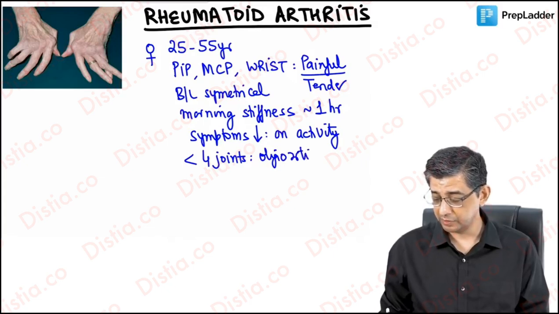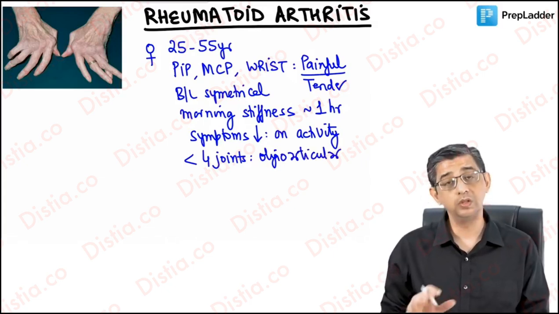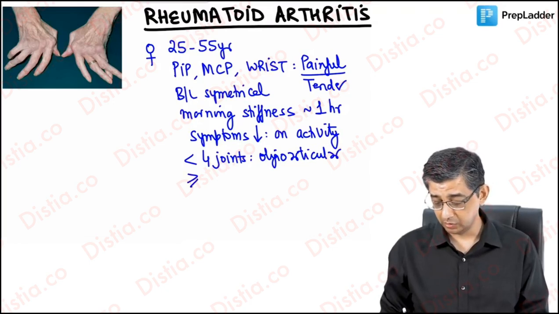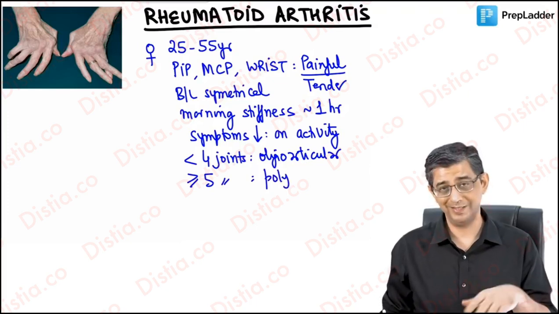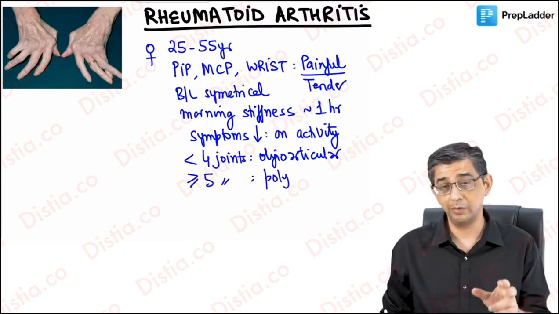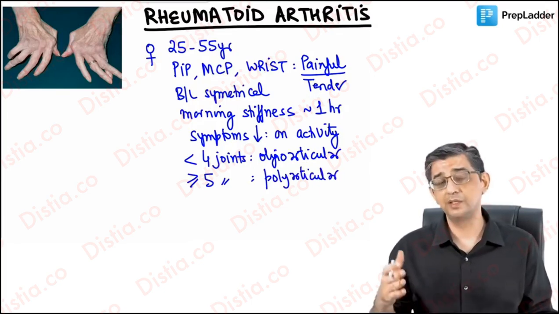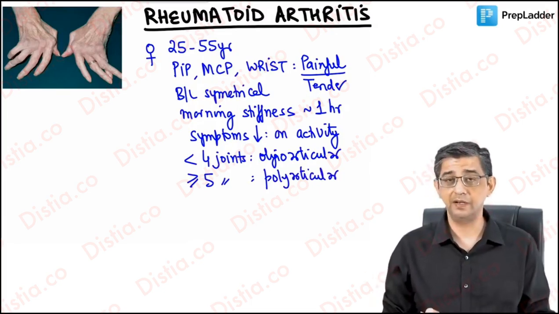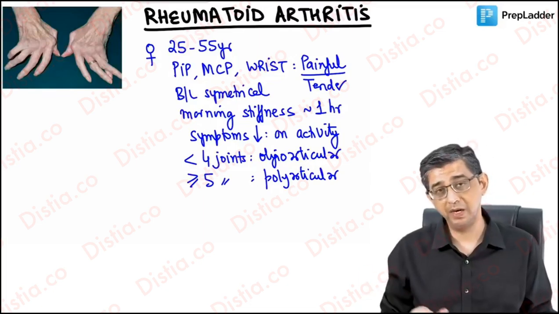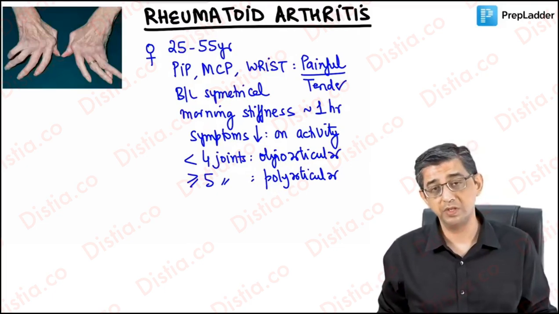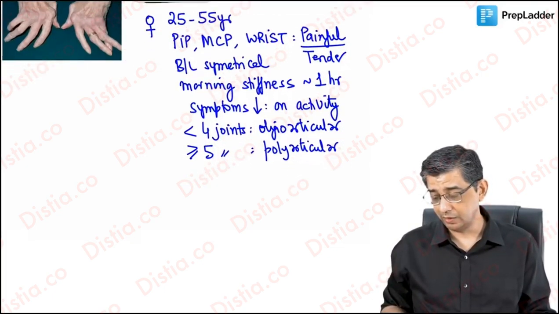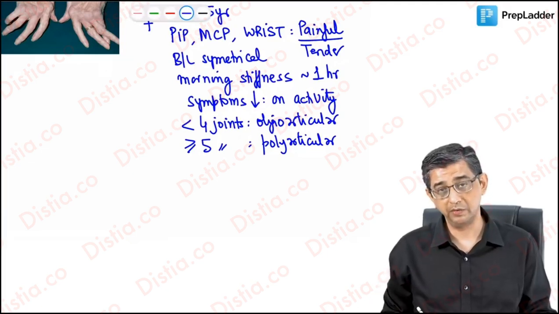On the other hand, if at least 5 or more are involved, then I am going to call it a possibility or a diagnosis. I have not confirmed that it is rheumatoid arthritis as of now, so we'll talk about antibodies. But assuming this person has a positive RA factor and a positive anti-CCP antibody, that is cyclic citrullinated peptide antibody, if you have more than 5 joints involved, we are going to call it polyarticular rheumatoid arthritis.